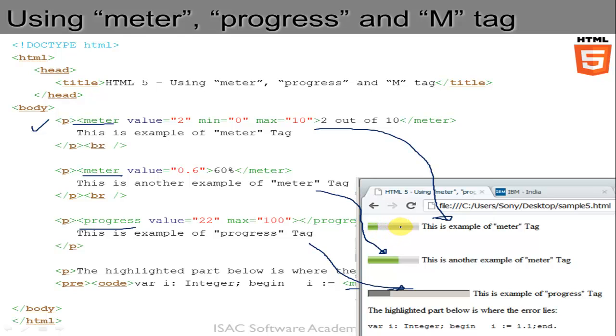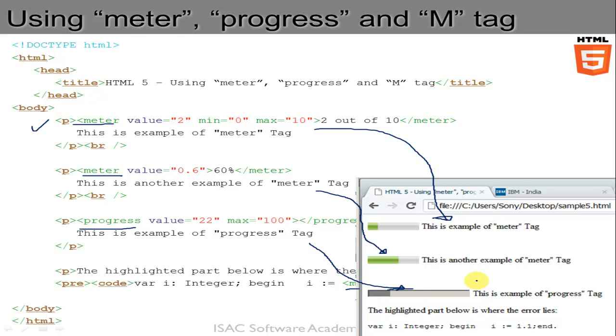Now if you see, it is not showing as a star, right? This one is not a star. This one is also not a star. This one is a progress bar of a different type. The way the browser will display the meter and progress bar depends on the browser.